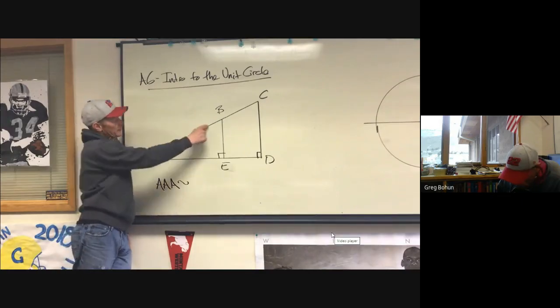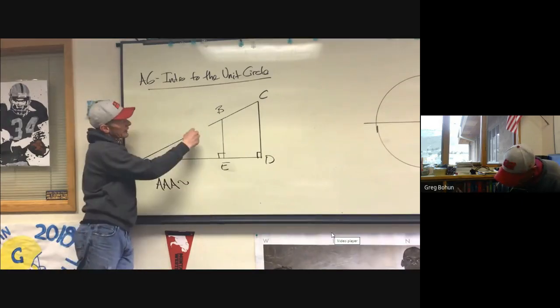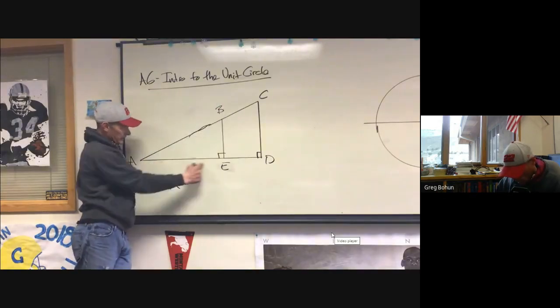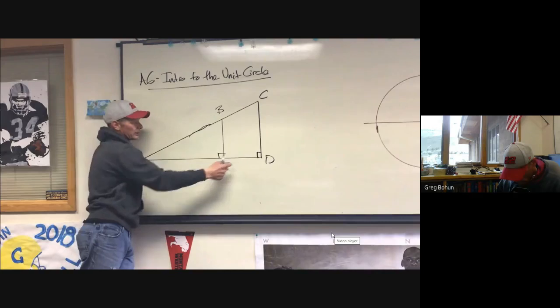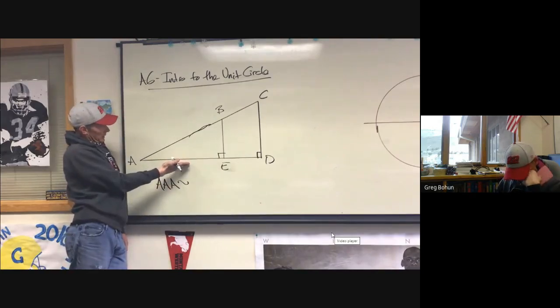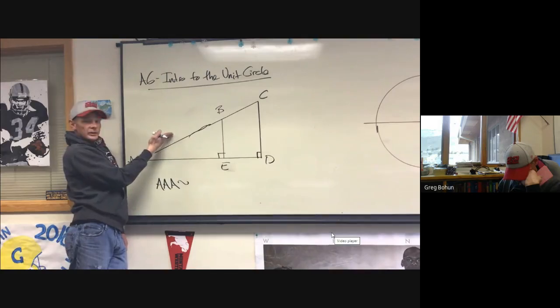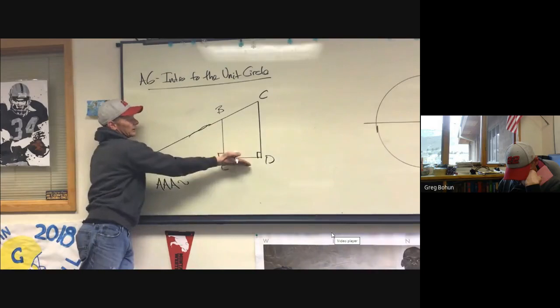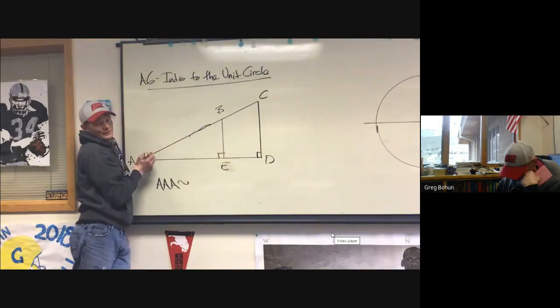So side length AB is to BC as side length AE is to AD. Or you can say things like side AE over AB is the same as AD over AC. Right?